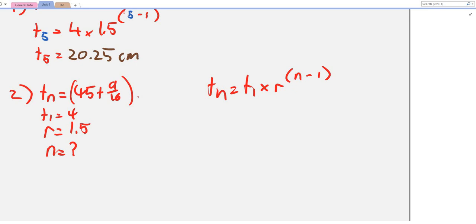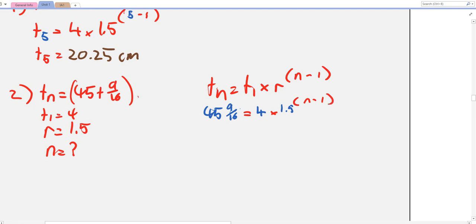I will explain it in 1 minute. So 45 and 9/16 equals 4 times 1.5 to the power of n minus 1.